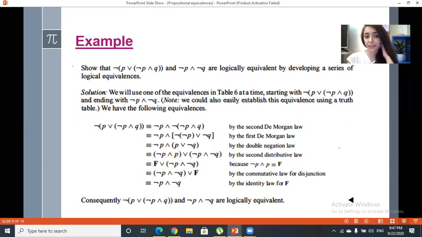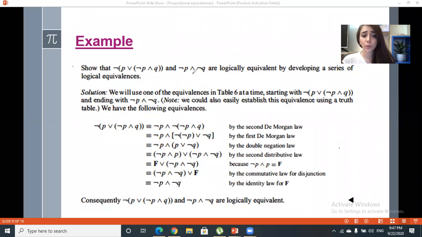Show that ¬(P ∨ (¬P ∧ Q)) and ¬P ∧ ¬Q are logically equivalent by developing a series of logical equivalences. So here is the solution.